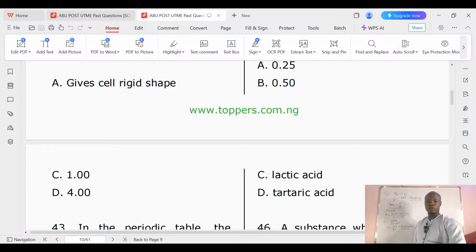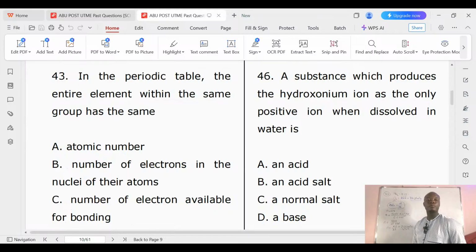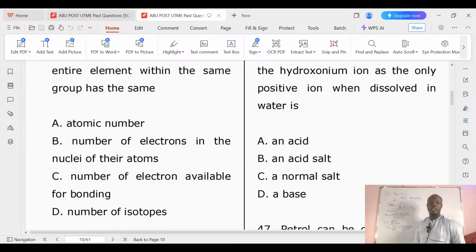The next question, which is question 43 here, says that in the periodic table, the elements within the same group have the same: A, atomic number; B, number of electrons in the nucleus of the atoms; C, number of electrons available for bonding; and D, isotope.